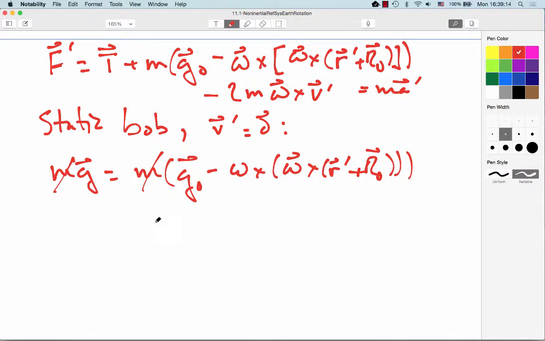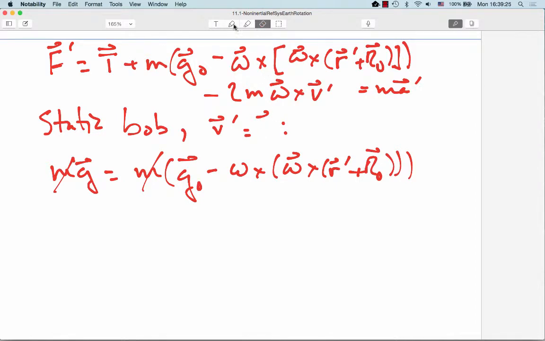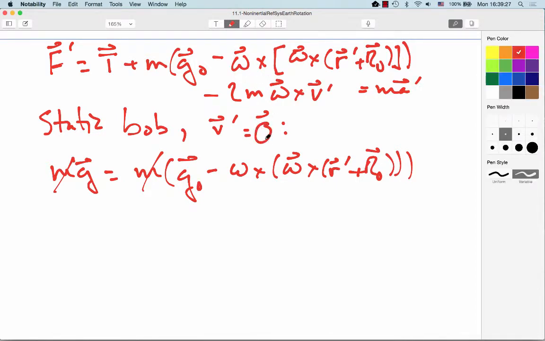Now, let's face it. If we're going to be looking at, say, something like a pendulum swinging, compared to how far away we are from the center of the Earth, this r prime is basically negligible. Relative to the Earth, it's not going to shift our location too far off of where we're currently standing on the surface.